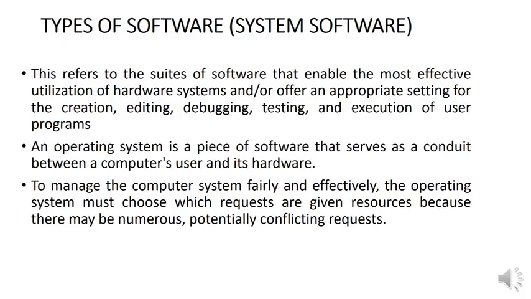It is the operating system that communicates directly with your hardware. And apart from communicating directly with your hardware, it is the OS that allocates resources based on request and also prevents potentially conflicting requests.